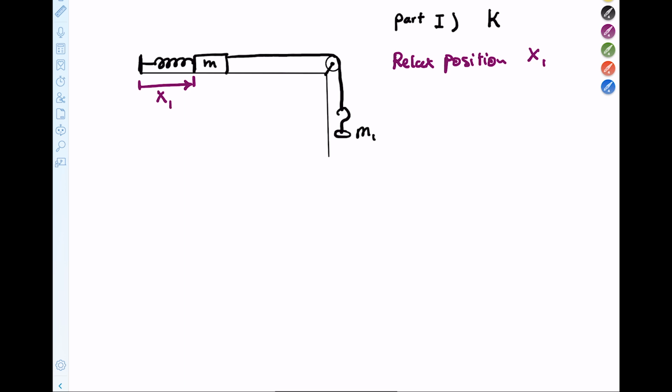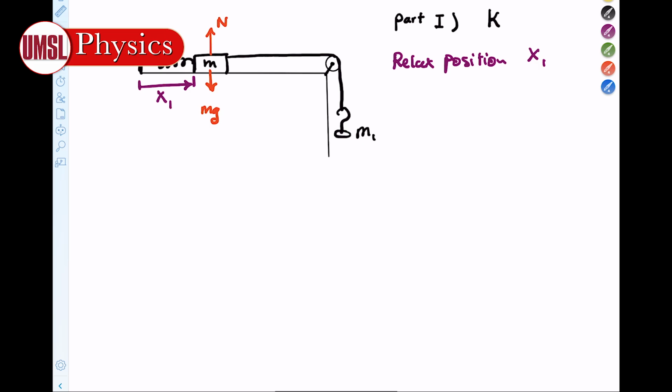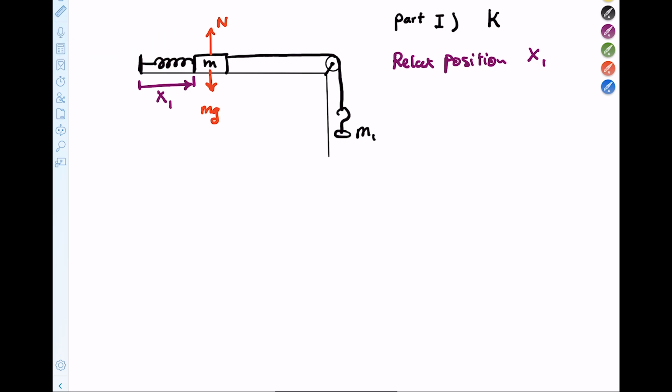The string is connected to the box. So let's see how many forces we have. Starting from here, we have normal force upward, gravitational force mg, and tension from the string, T. On this side, we have the force of the spring, F of S. In this case it's not static friction or anything; I'm just using F sub S to indicate that it's from the spring.